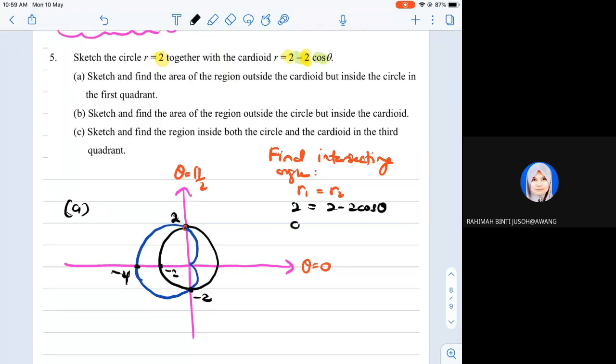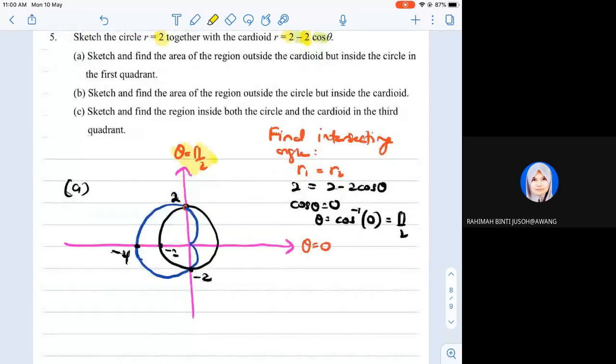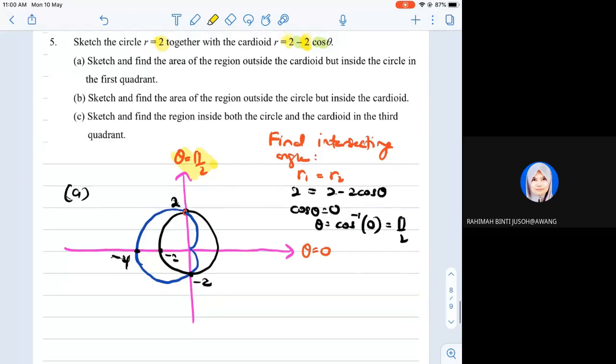So cos theta equals to 0 kan? 2 tolak 2. Jadi 0. So theta sama dengan shift cos 0. Kan dapat pi per 2 tu. Okay. So betul lah dia dapat pi per 2. Sebenarnya soalan macam ni, kalau kebetulan nilai dia sama, tak perlu cari pun. Terus nampak daripada graph directly.